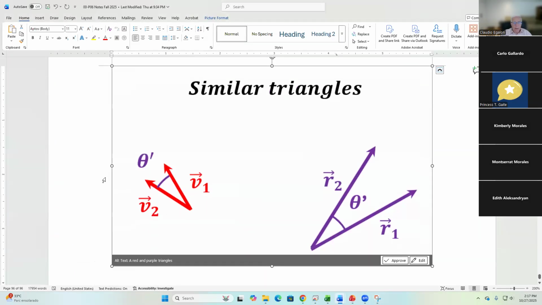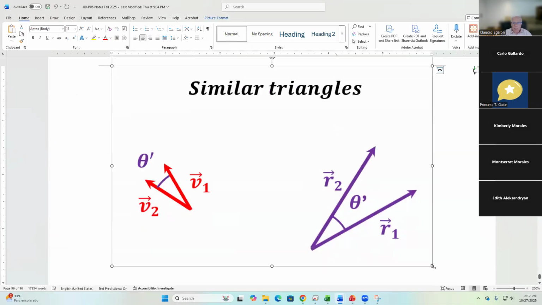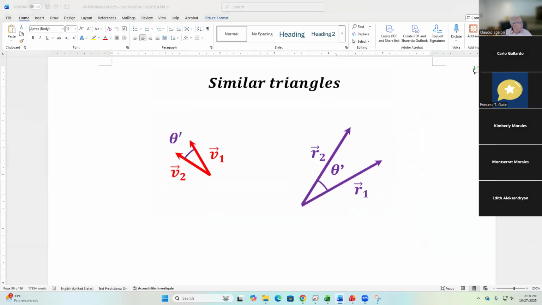And what else do we need? Remember, so you don't lose the train of thought, we are trying to find out the relation of the centripetal acceleration with respect to V and R. And we need to go through all that to discover it, okay? And you're going to see why.